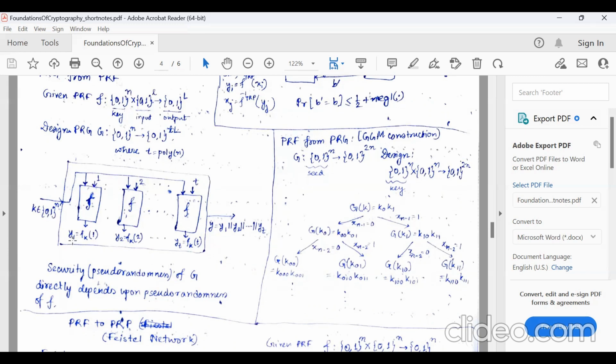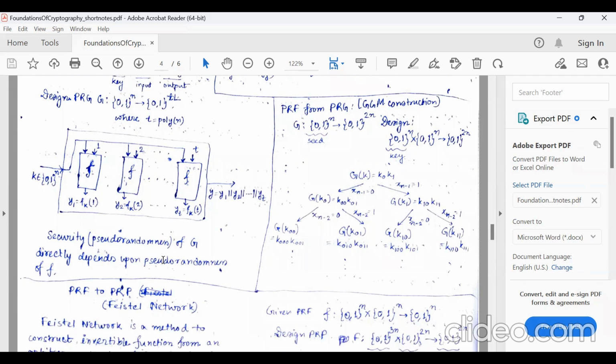Like that you give as output y1 concatenated with y2 till yt, where each yi is nothing but Fk of i, and k is the key of the PRF. Again, the pseudo-randomness of the PRG depends on the pseudo-randomness of the underlying PRF.